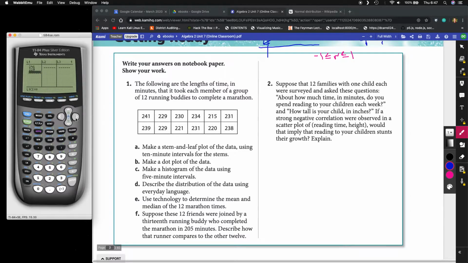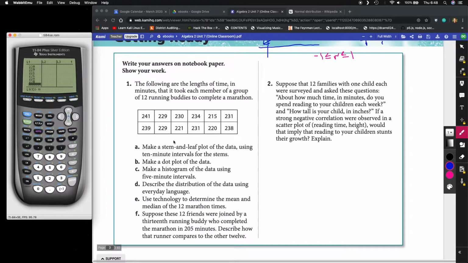So you need to make sure that you type in everything correctly as you go. 230 looks good, 234, 215, 231, 239, and again I'm checking every single one of these to make sure it's correct. 239, 229, 221, 231, 220, and 238. I also always make sure I have the same number. Right now I'm on the 13th, and there's nothing in the 13th spot. So I must have 12 numbers here, and there are 12 numbers here.